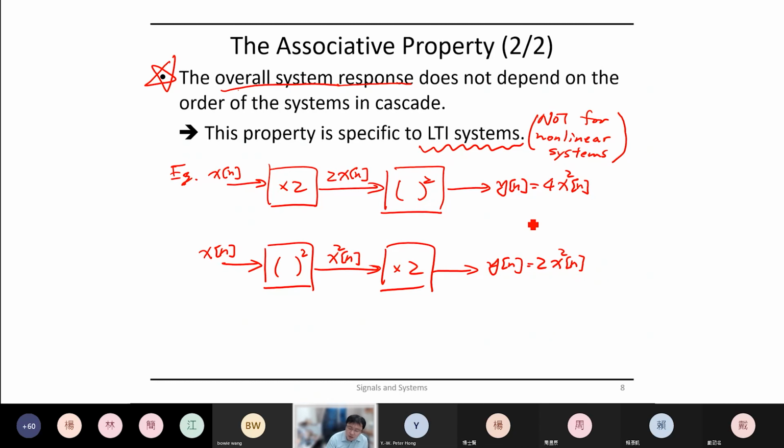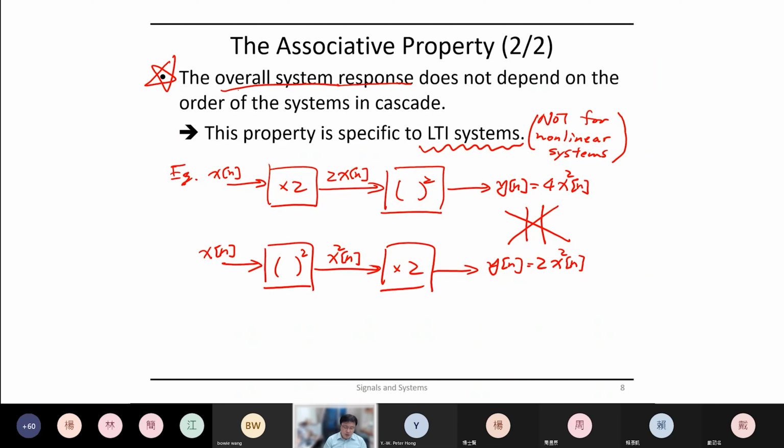Notice that these two are not equal. So, discussing these basic properties of the convolution operator, you get to understand some implications in the system architecture.